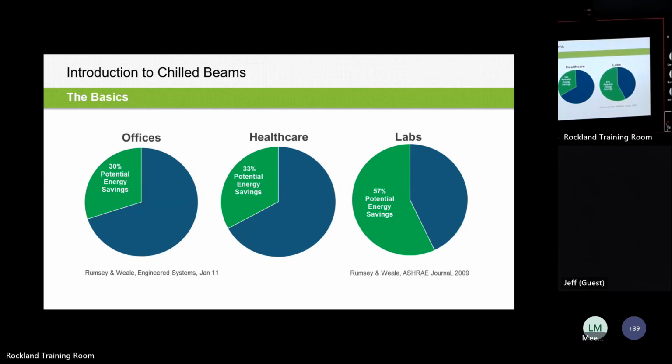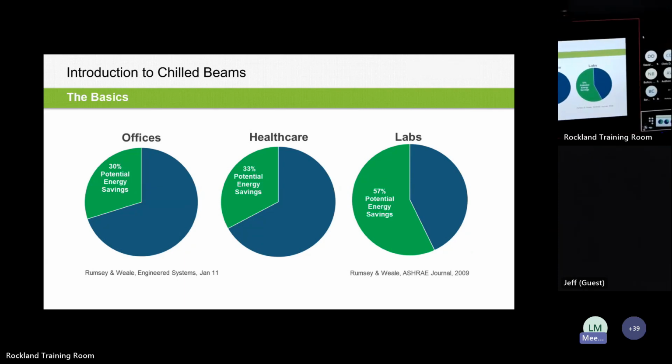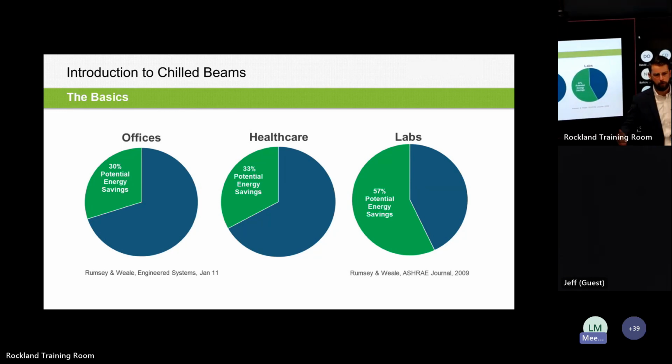Can anyone mention or maybe throw out why you see different energy savings, based on what we've talked about in the morning session here? Why are we seeing different potential energy savings throughout these different applications? Humidity? Okay.